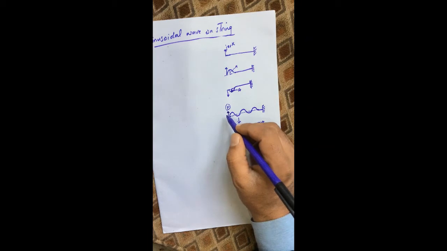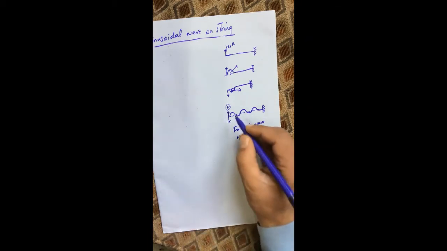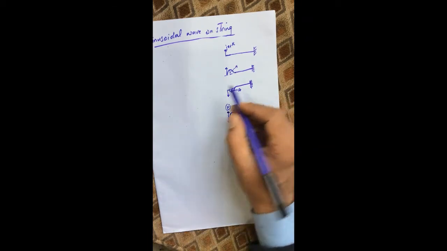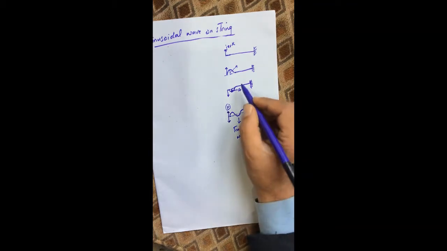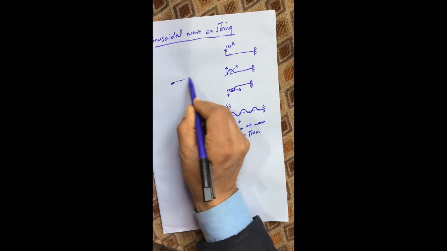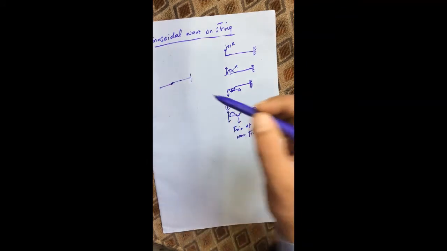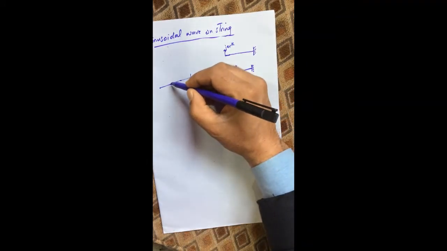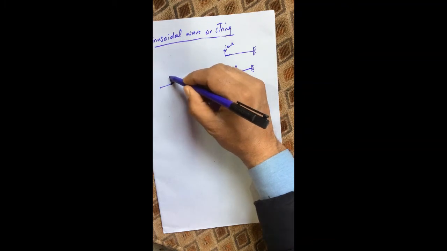So each point of the string, now suppose this is one of the points I consider on this string, also oscillates periodically both upward and downward.